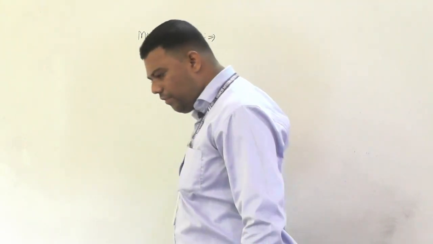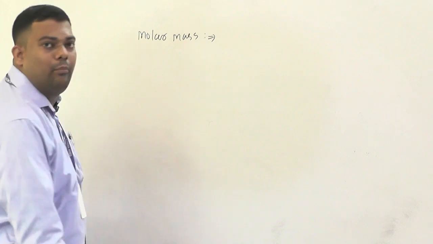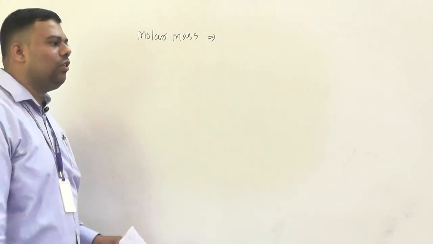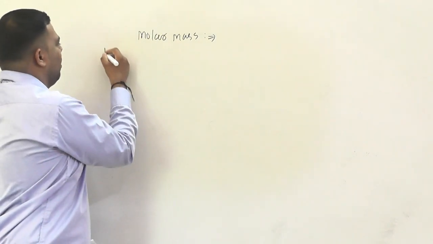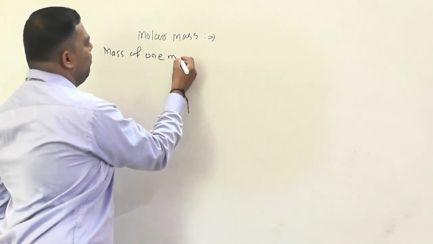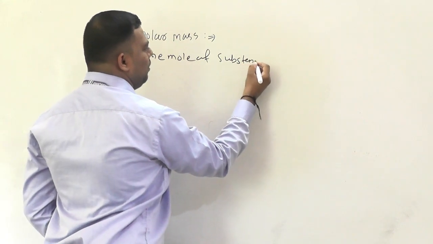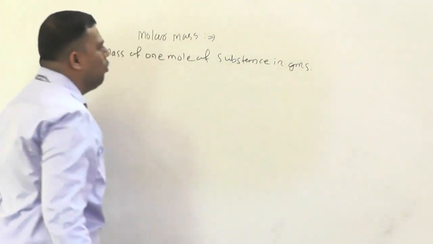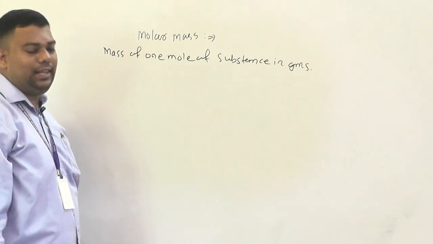So first we will write the definition of molar mass. Molar mass is the mass of 1 mole of substance in grams. Molar mass is what? Mass of 1 mole of substance in grams.